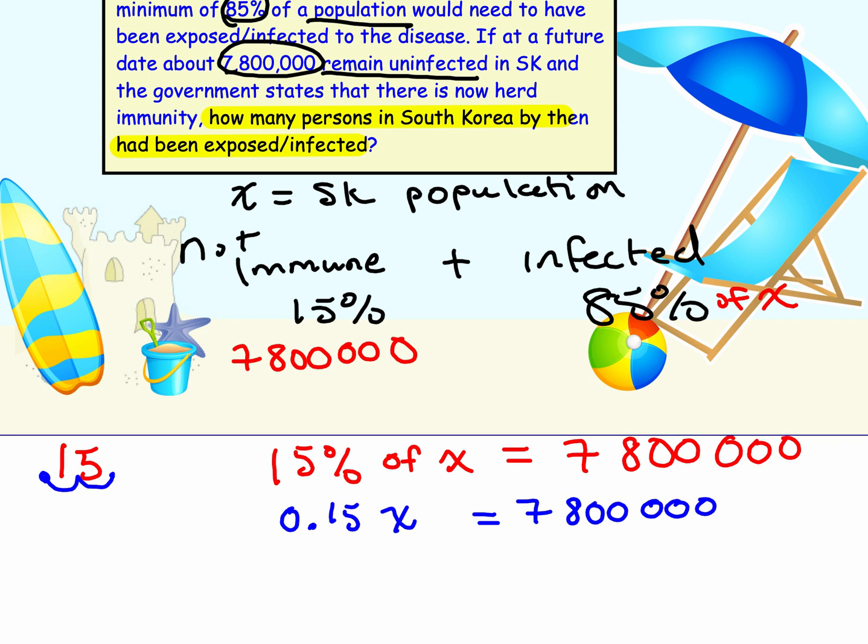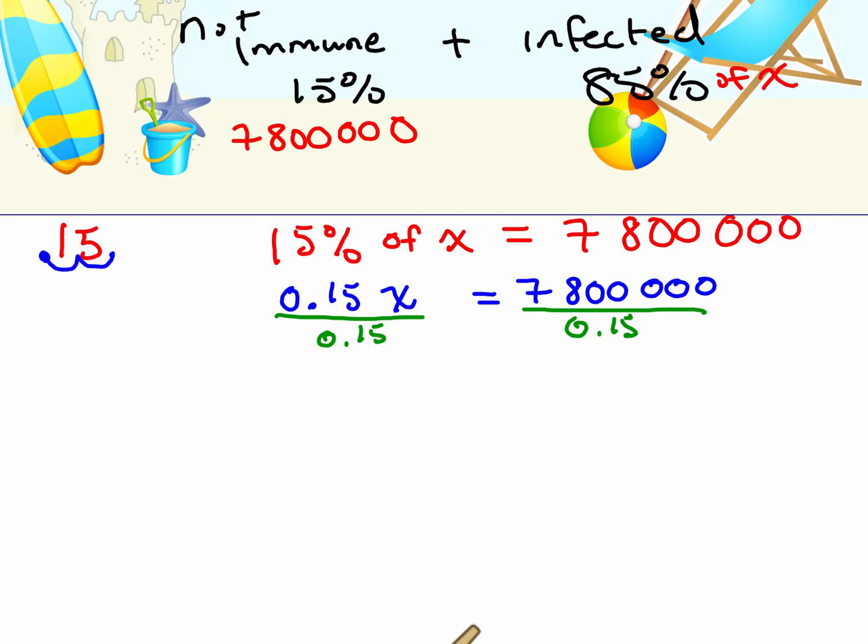To solve it, we divide both sides by 0.15, or 15%. When we divide both sides by 15%, 15% divided by 15% makes 1x, which gives us x by itself. 7,800,000 divided by 0.15 gives us 52 million. So our solution to this equation is 52 million.